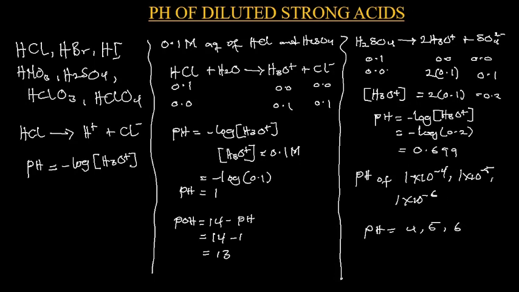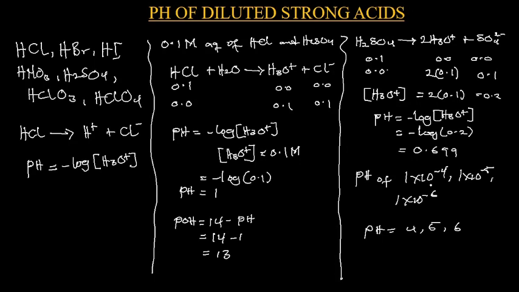So anytime you have a value like 1 point something times 10 exponent minus 4, you should always know that the pH is going to be around what the power is, okay? If it is something between this and this, you should be able to predict that it's going to be around 4 and 5, right?